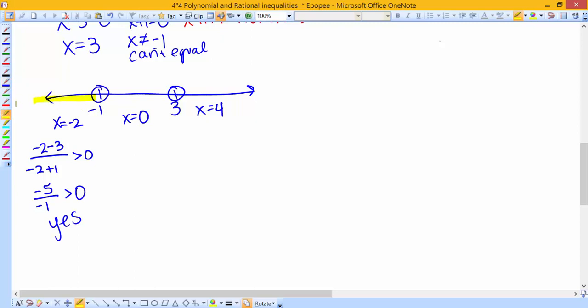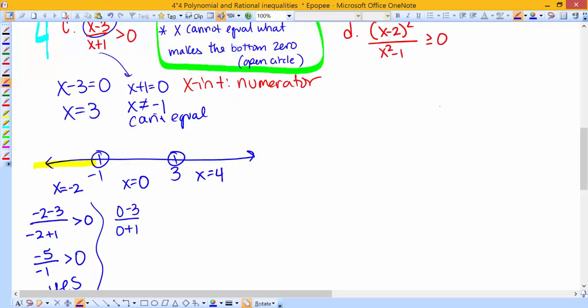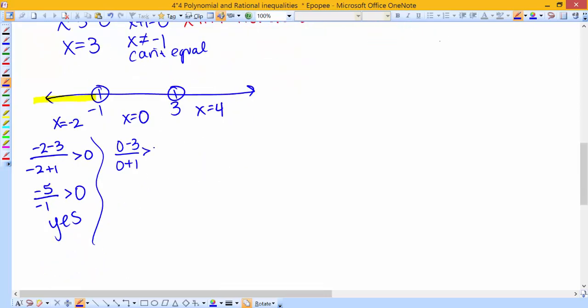So I'm going to mark that, and then I'm going to move on to the next one. 0 minus 3 over 0 plus 1. Let me double check. Has to be greater than 0. Negative 3 over 1, is that greater than 0? Nope, because that's going to be negative. And then I try the 4. 4 minus 3 over 4 plus 1.